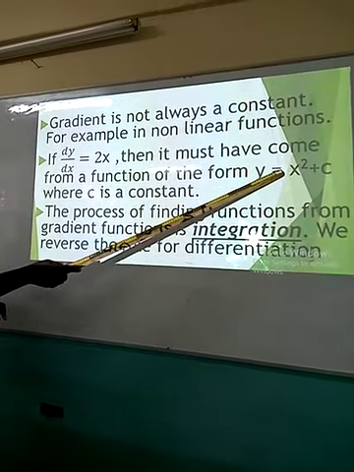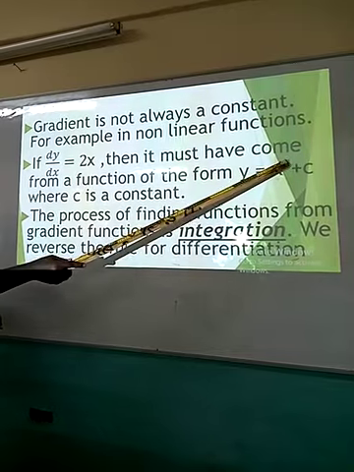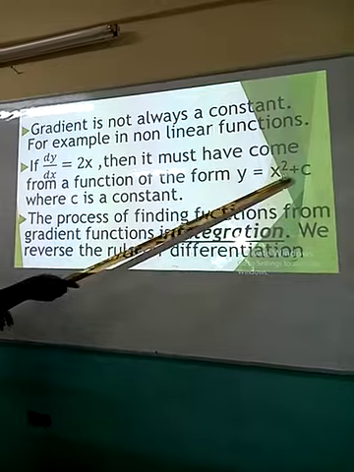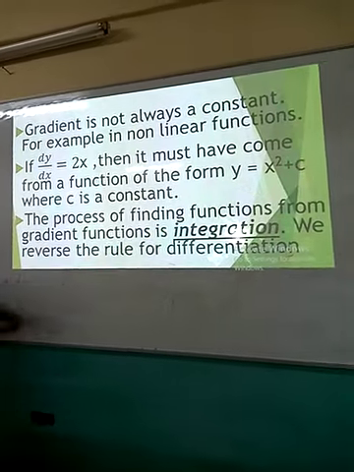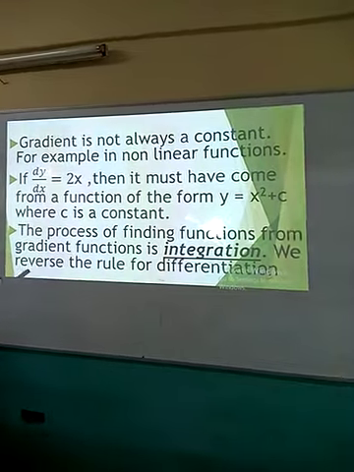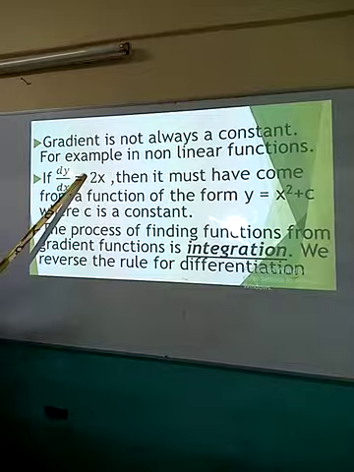You multiply by that power, we'll therefore have 2x, and subtract 1 from that power, we'll therefore have x. When you go to c, which is a constant, you will remember that the derivative of a constant is 0. So our dy/dx will be equal to 2x, which you can see here.